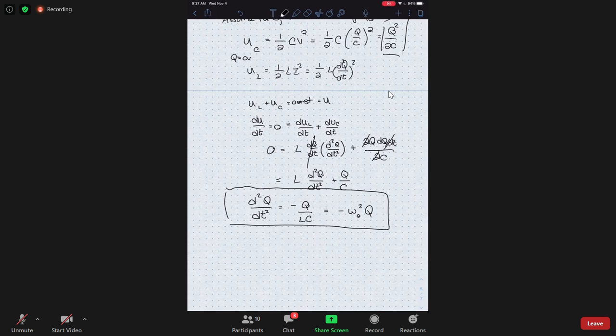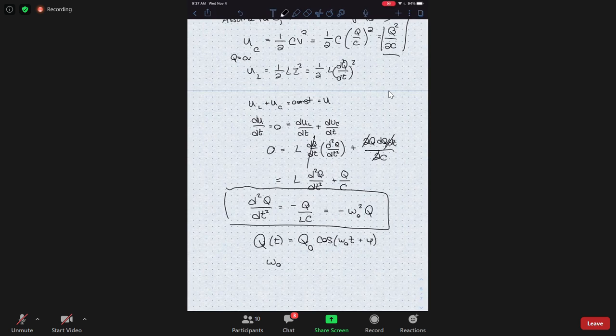The only functions that do that are sines and cosines, or exponentials. But for this case, we're just going to talk about sines and cosines. So the solution of this, because of our initial conditions, is essentially q naught cosine of omega naught t plus some phase angle. That doesn't particularly matter.